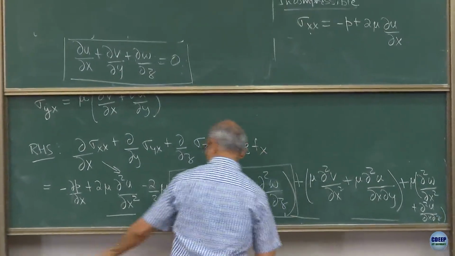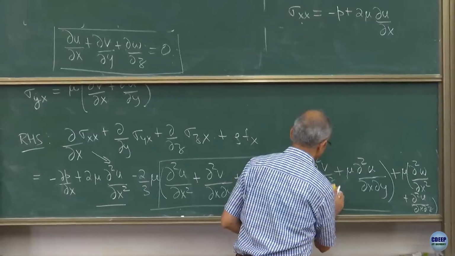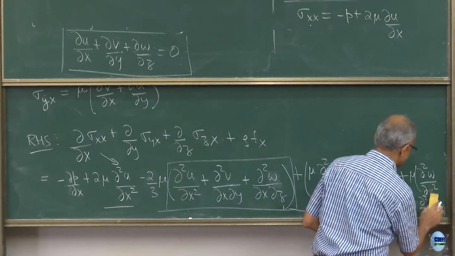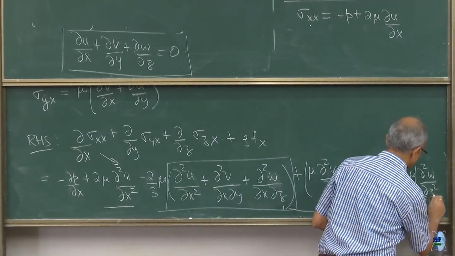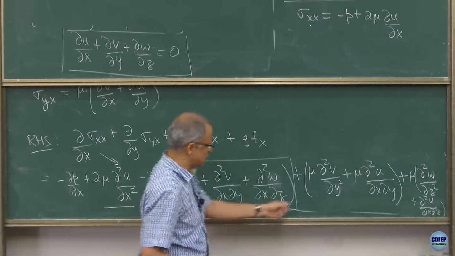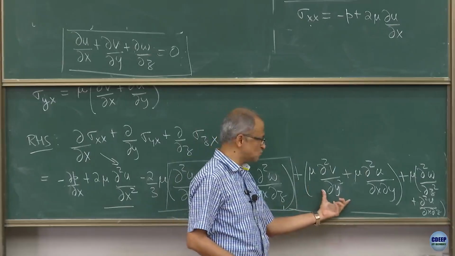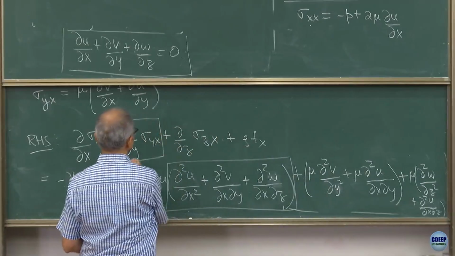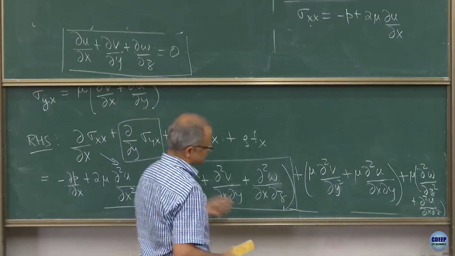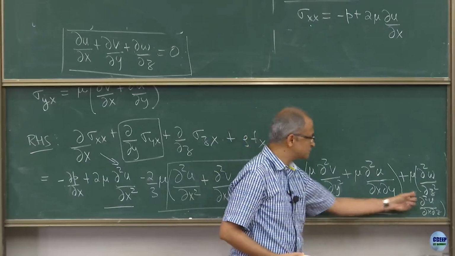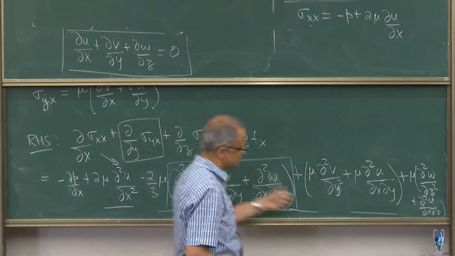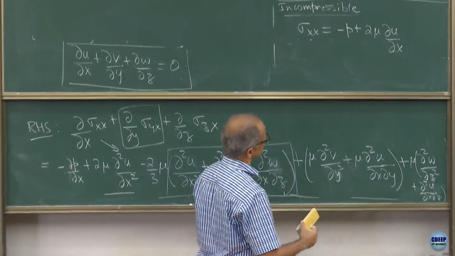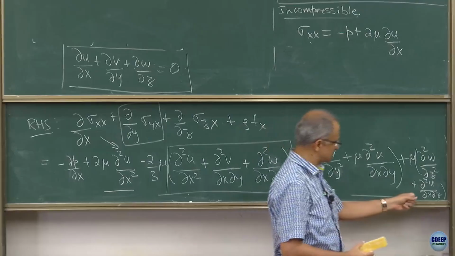So this should have been a y square here, and this should have been a z square here. And the other term is correct. We should have been taking the derivative of sigma xy with respect to y, so this is what I would get. And if we have to take the derivative of sigma with respect to z. I had taken everything with respect to x, or some mistake I had made. So I hope this other term is correct, right?